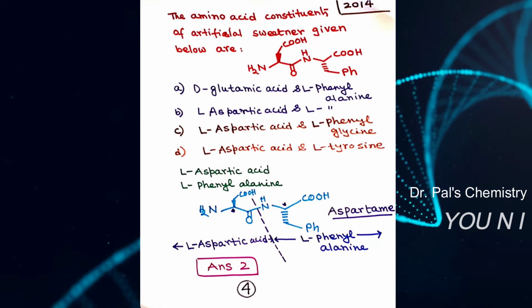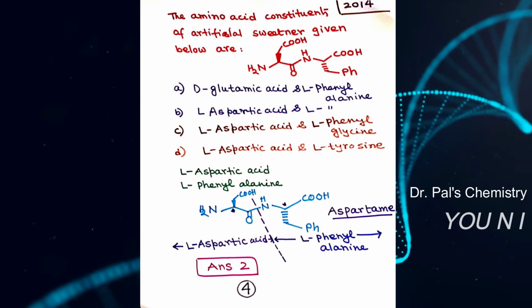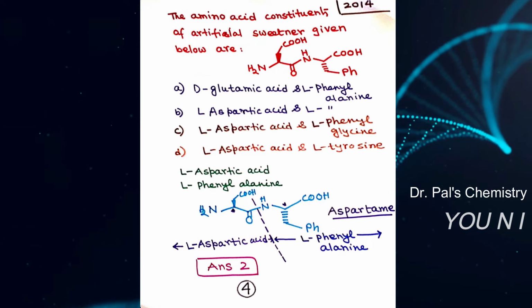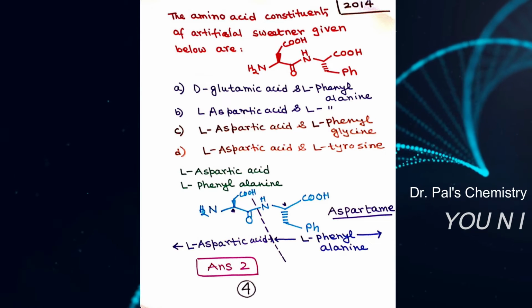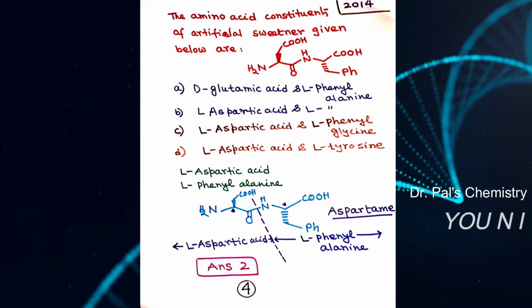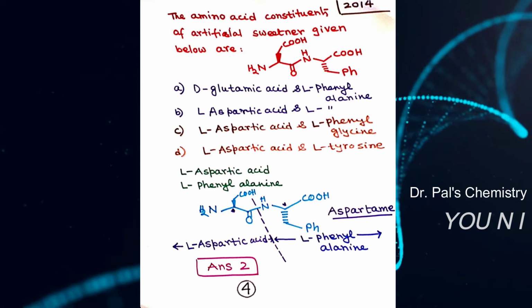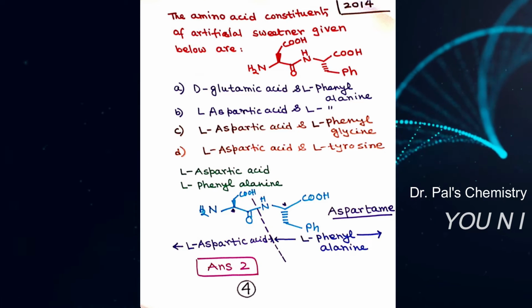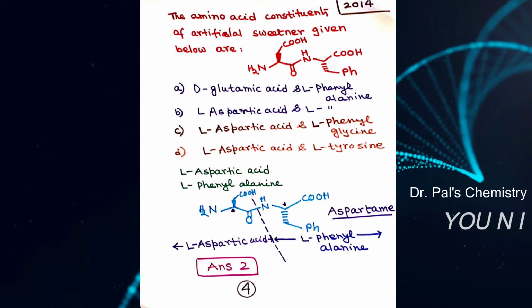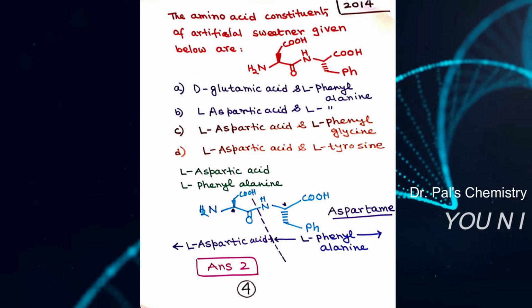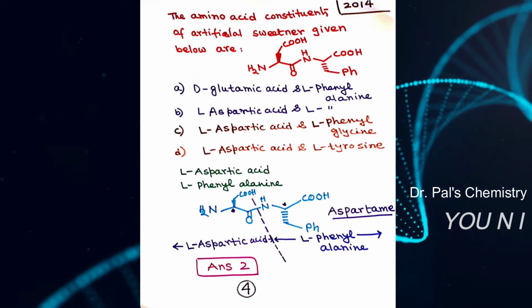Now in this case, the N-terminal amino acid is actually L-aspartic acid, and the right hand side part, that is the C-terminal amino acid, is phenylalanine. Therefore this combination is available in option B. So our final answer is that aspartame contains L-aspartic acid and L-phenylalanine.